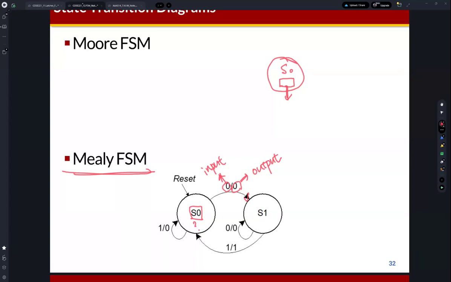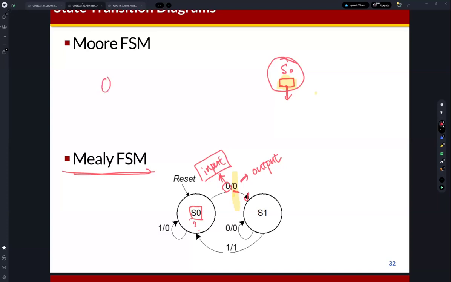It is because in the Mealy FSM, output values are determined by input and current state. So in a Mealy FSM, output is here. So this is the output of Mealy FSM. In the Moore FSM, output is inside of state. But in the Mealy FSM, output is here.